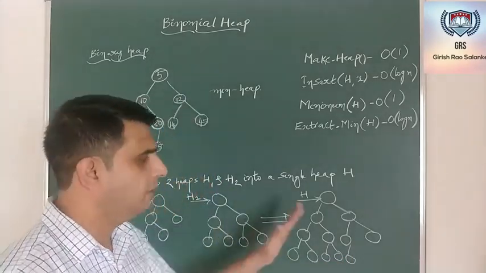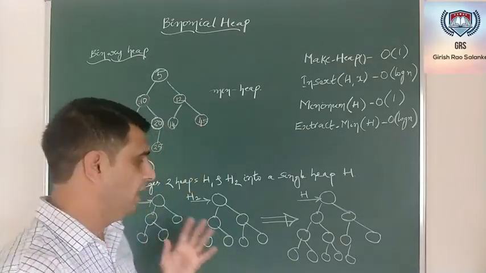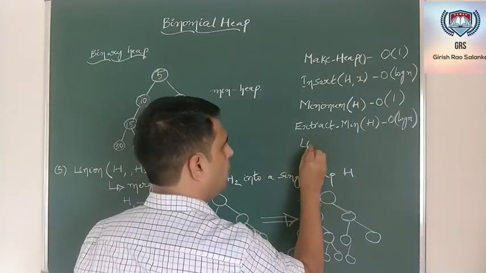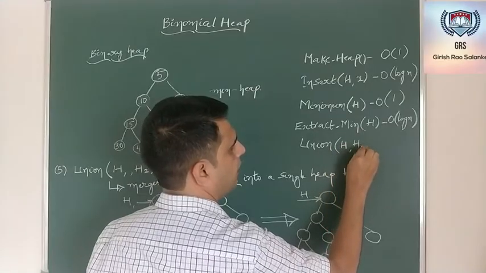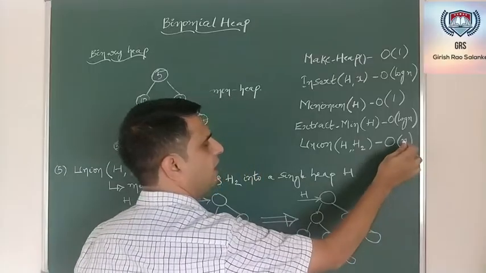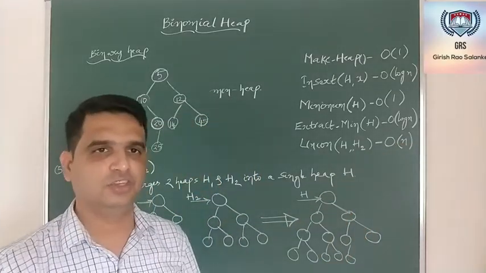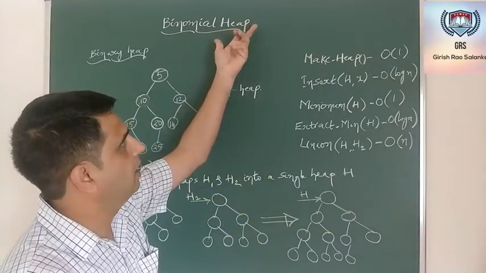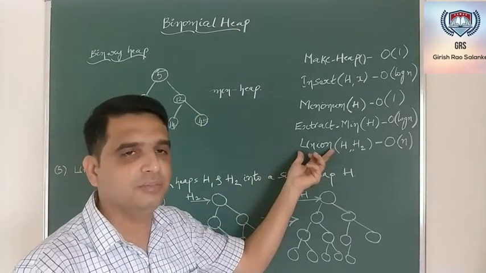If you note how much time we are spending in case of the union operation, it depends upon the number of nodes in H1 and H2. So I can say this union operation on two heaps H1 and H2 is order of n, wherein this n is the total number of nodes in H1 and H2. Now the binomial heap comes into the picture in the union or merge operation.